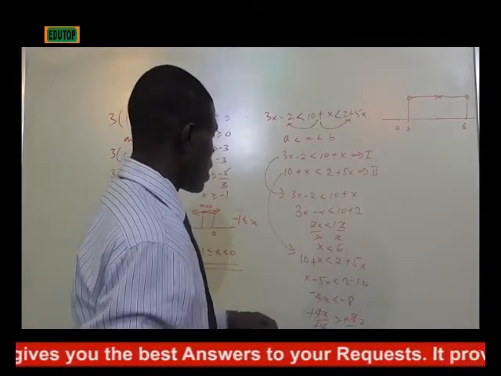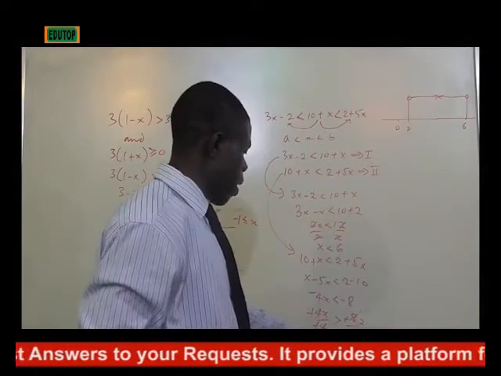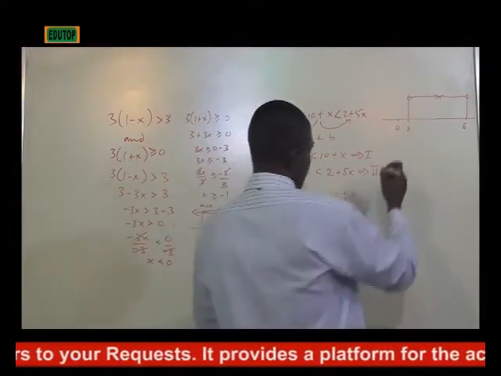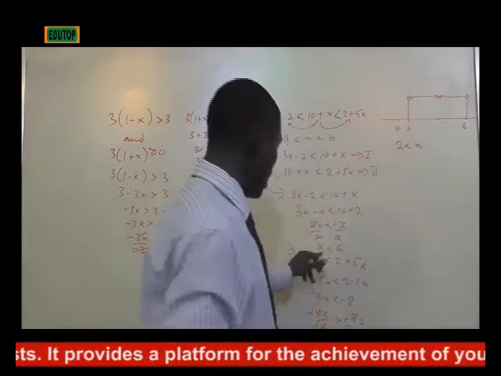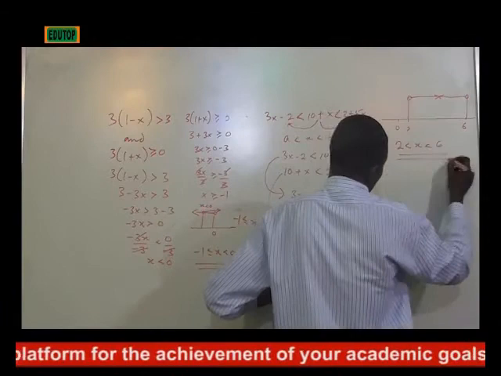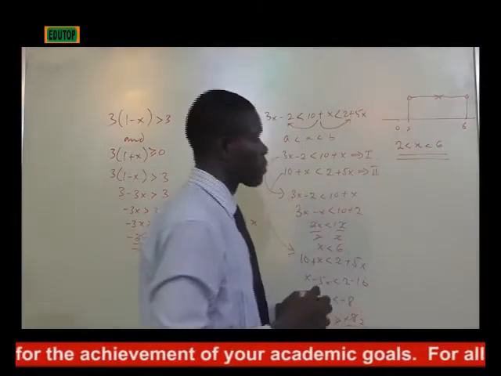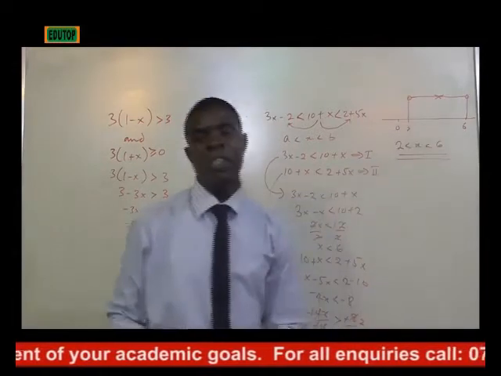And since our x is greater than 2, our 2 is less than x, and since our x is less than 6, it has to be less than 6. So this is the range of values of x that satisfies this inequality.